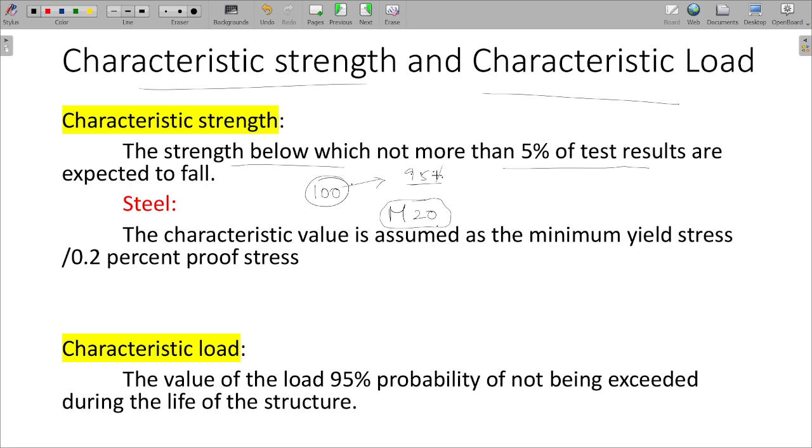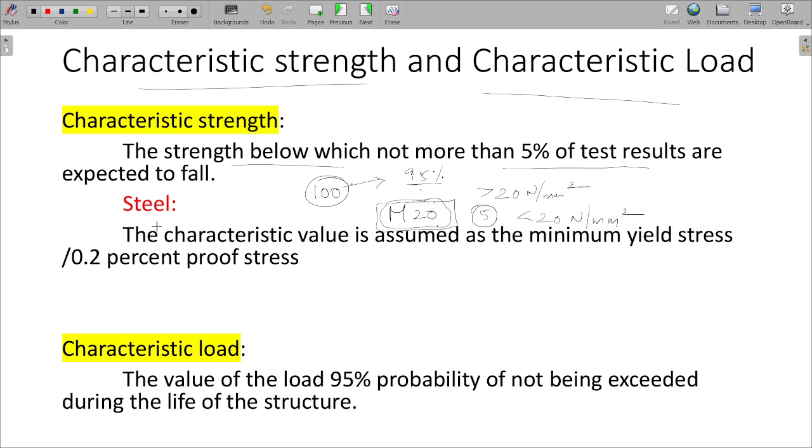At least 95 samples have compressive strength more than 20 Newton per mm square, and only 5 samples have strength less than 20 Newton per mm square. Then only we can say that the characteristic strength of the batching which we take into consideration is M20.